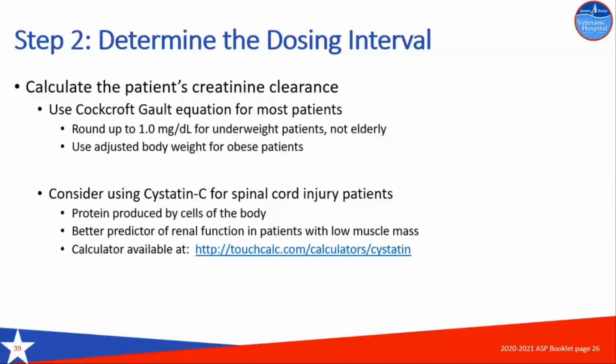Cystatin C is basically a protein that's produced by cells of the body, and it can be a better predictor of renal function in these specific patients. I have a link to a cystatin C calculator that will correlate an estimated GFR on the screen there.